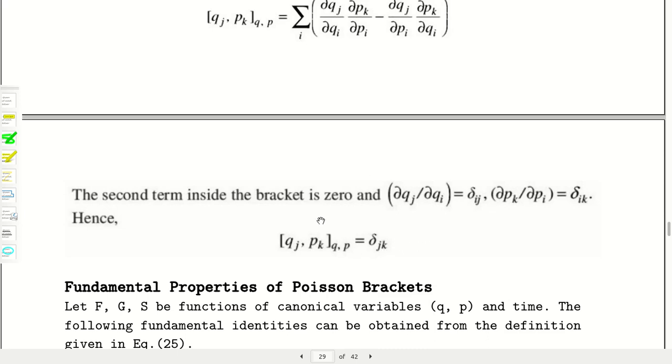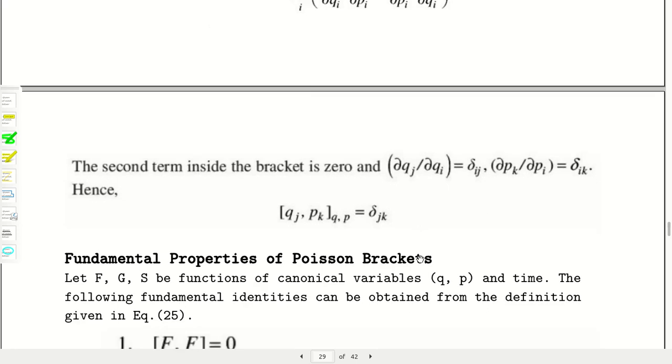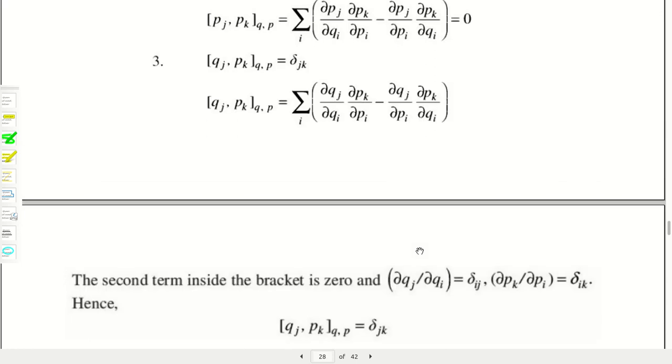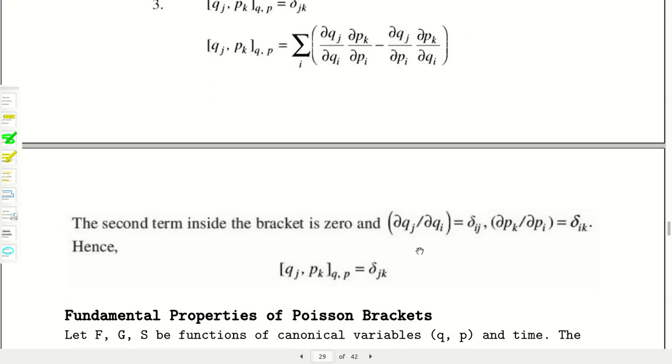So the result is delta jk. Now what we get is that the qj comma pk Poisson bracket is equal to delta jk. These are the properties of the generalized momentum and coordinates under the Poisson bracket formula.